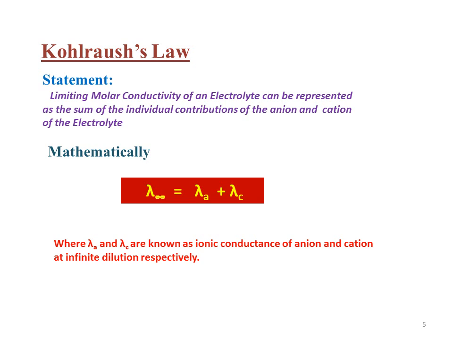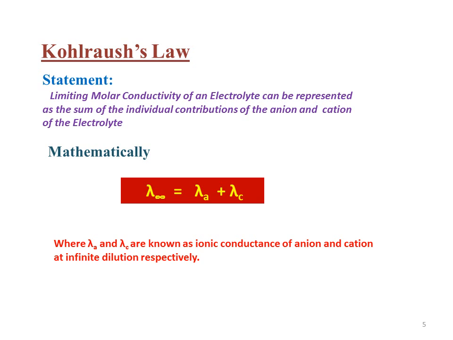The limiting molar conductivity of an electrolyte can be represented as the sum of the individual contributions of the anion and cation of that electrolyte. Mathematically, lambda infinity of that electrolyte, for example acetic acid, will be equal to lambda A plus lambda C. Lambda A means the limiting molar conductivity of anions, and lambda C means the limiting molar conductivity of cations, meaning positive ions.